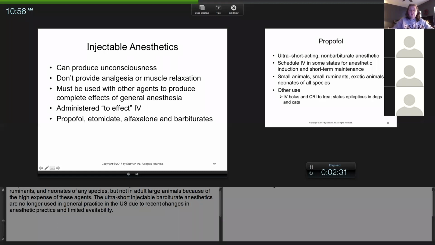Okay, this group of drugs, talking about injectable anesthetics, are meant to take the patient from sedation to completely anesthetized, unconscious. This group of drugs produces unconsciousness in anesthetic doses.